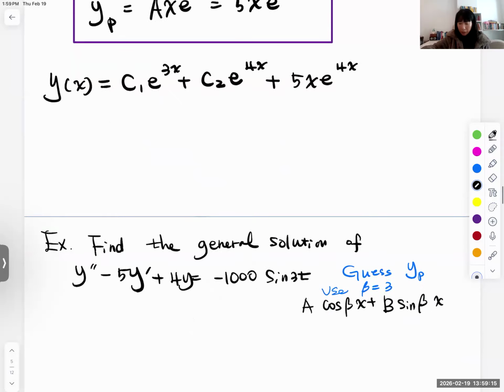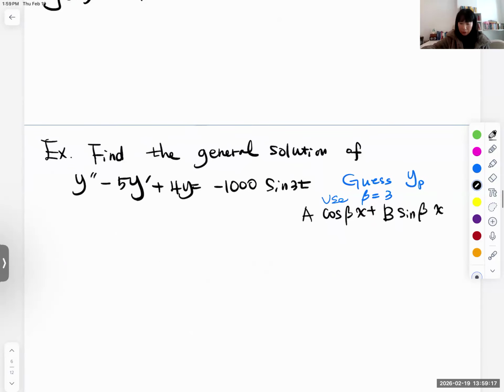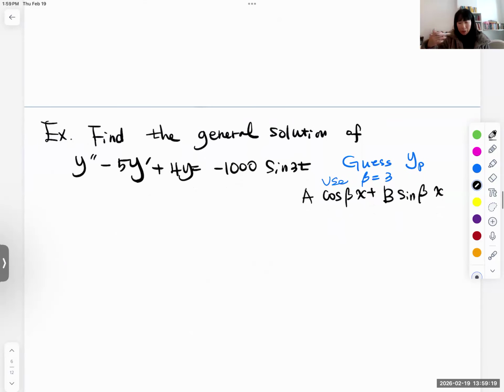All right, so let us do the next one. So we have this equation, and then we want to find the general solution. Any time the trig function is related, sine or cosine, we have the same form, right?